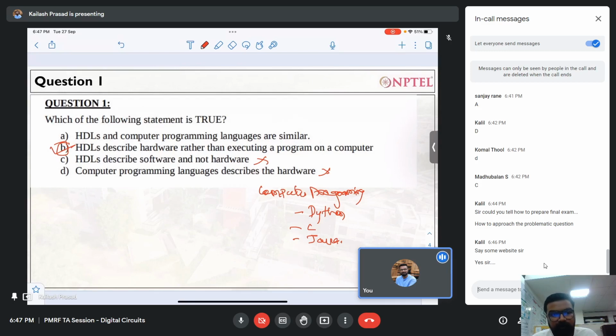I'll be discussing a couple of programs using hardware description language in the next tutorial, and we will see how to design a couple of pieces of hardware. Today we designed a multiplexer, but we will design complete, full-fledged hardware, and you can expect questions based on writing programs and answering what a program will do, what kind of behavior the program is showing. That kind of question can be asked.